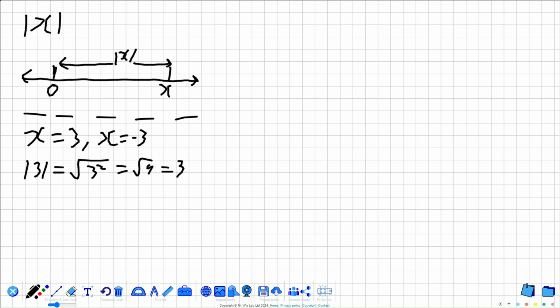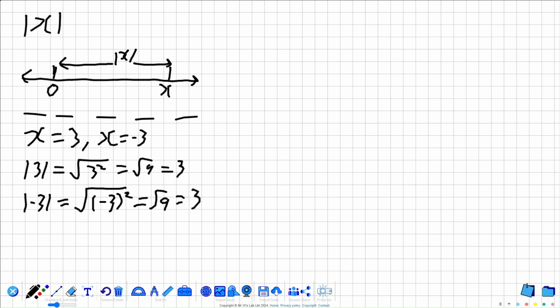But you'll notice this does the same for negatives. So mod -3 would equal square root of (-3) squared, which equals root 9, because -3 multiplied by -3 equals a positive 9, which goes back to 3 as well.